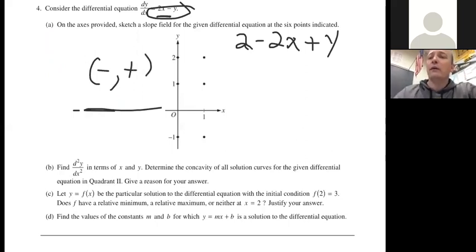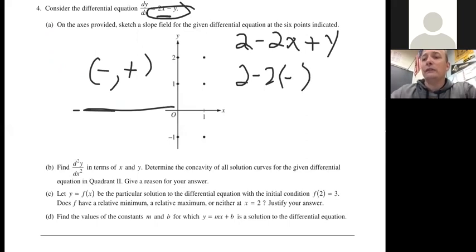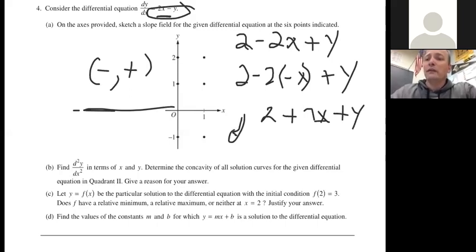So what that means is, if I take -2 times any negative x, and then this is a positive y no matter what, that gives me all positive numbers in the second quadrant. Everything's positive.